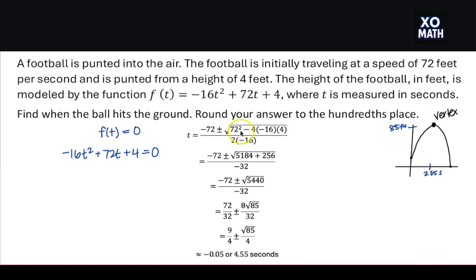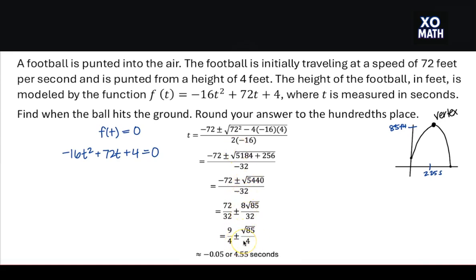And then we would simplify what's underneath the square root, and we end up with 5,440, which has a factor of 64, and the square root of 64 is 8. So this simplifies to 8 radical 85. The denominator is negative 32.